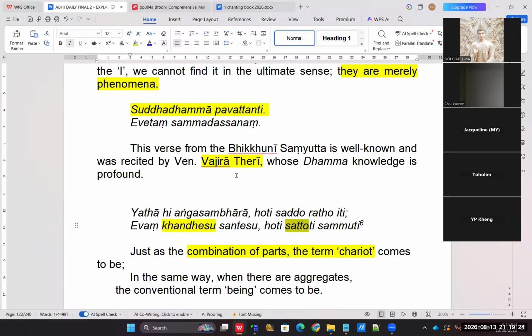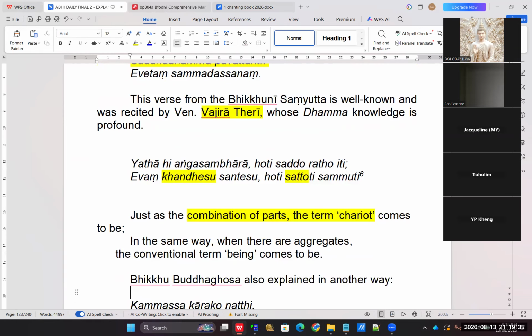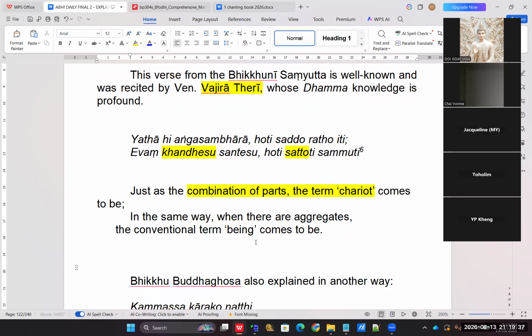The term is called samuti. So remember when we see the word samuti, we call it samuti satya, conventional truth. Now, what is samuti? Samuti is something we agree on. Somebody agreed, all right?